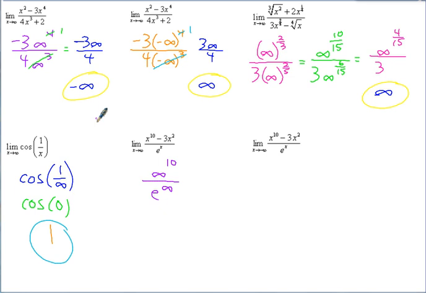And the way to think about this, infinity to the 10th would be 10 infinities multiplied together. So there's 10 of them. Versus e to the infinity, remember, means e is approximately 2.71. So e to the infinity means we've got e times e times e times e times e times e. But this time, it's to the infinite power, right?